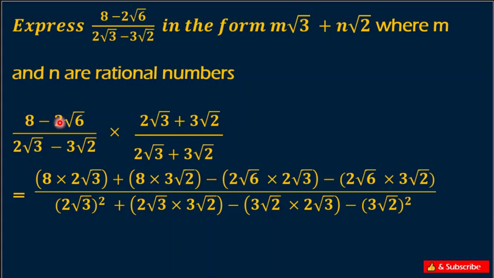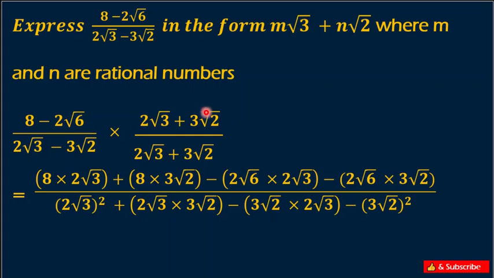So we have 2 root 6 times 2 root 3. This is what we have here. We are using the bracket to make it simple for us to visualize. Then again, this times this is what we have here. We have 2 root 6 times 3 root 2.